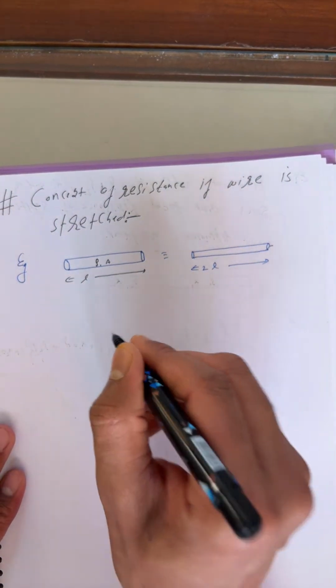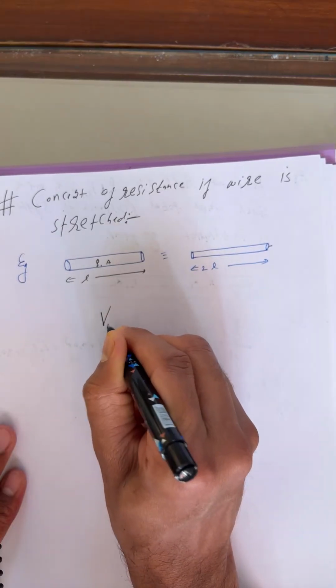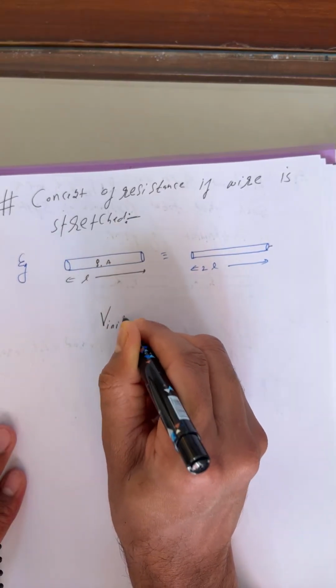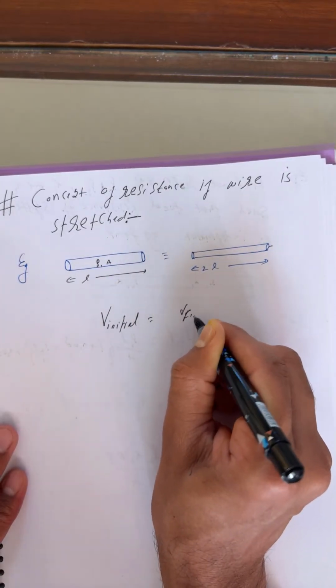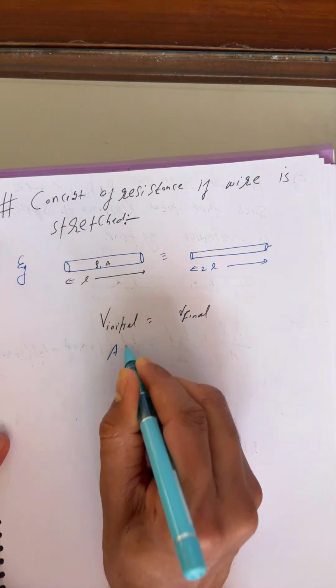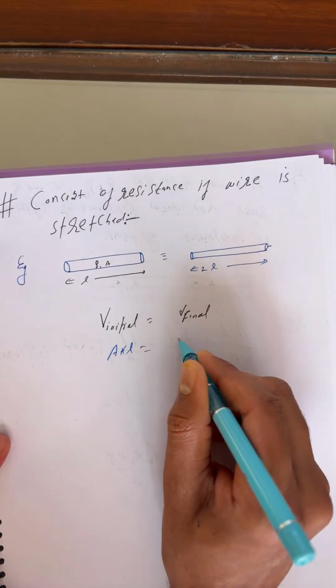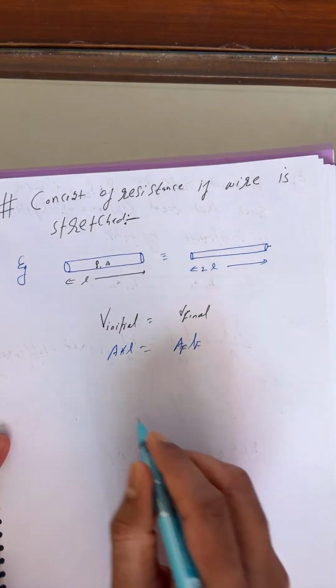So here you can write, simple. Beta, volume remains constant. Students, volume initial is equal to volume final. Beta, what is volume initial? Area into length is equal to area final into L final here.